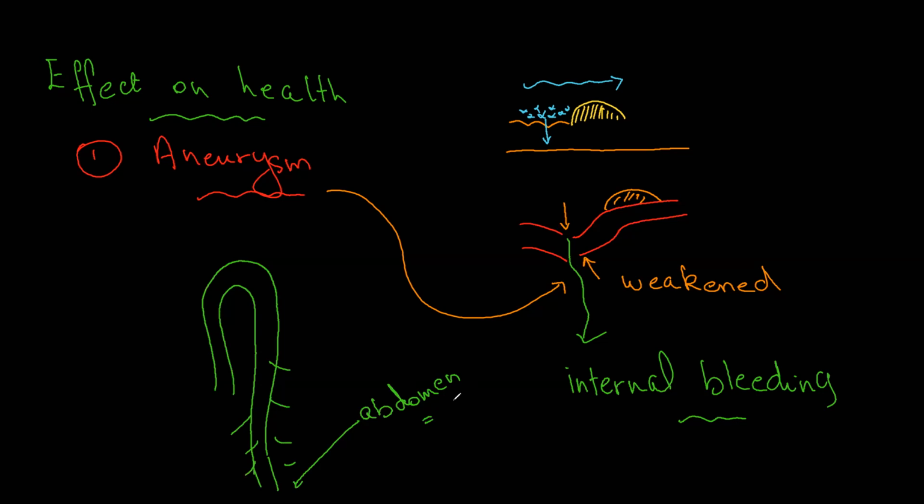Of course, aneurysms are usually fatal unless they are diagnosed early and treated with surgery before they burst or snap open. This is the first effect of atherosclerosis on health, which is aneurysm.